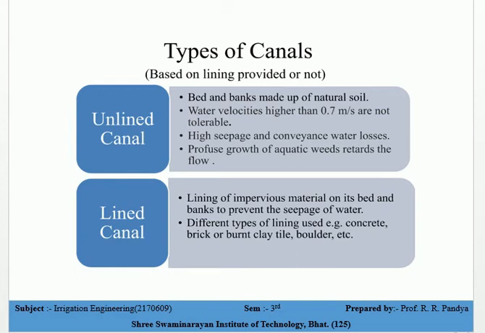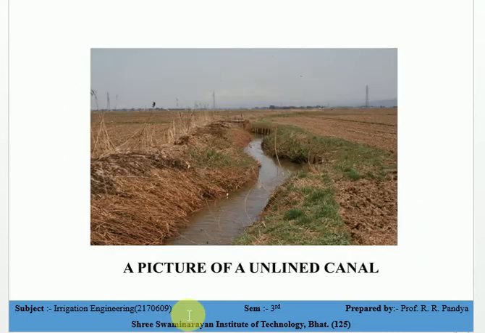What is the difference between unlined and lined canals? Let's take a look at the figure. This figure shows an unlined canal. It is natural ground. In an unlined canal, you can see there is no lining, there is no smooth surface. So obviously the earth can seep out the water, and the water will percolate through the soil and subsoil and reach the groundwater table.